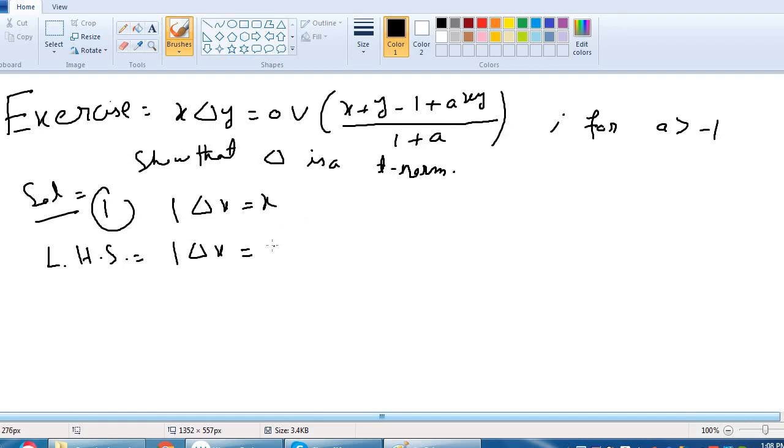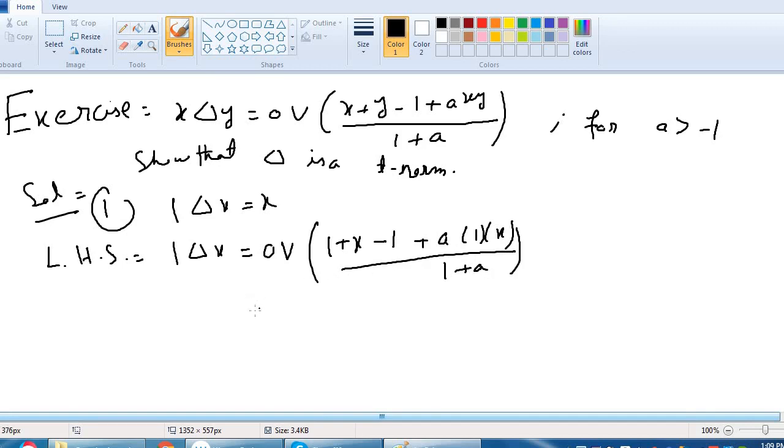Here we write it like this: 0 union x plus y. That means 1 plus x, because here we are dealing x as 1 and y as x. So it is x plus y is 1 plus x minus 1 plus a into 1 into x whole divided by 1 plus a.